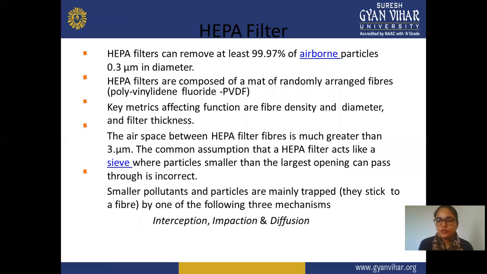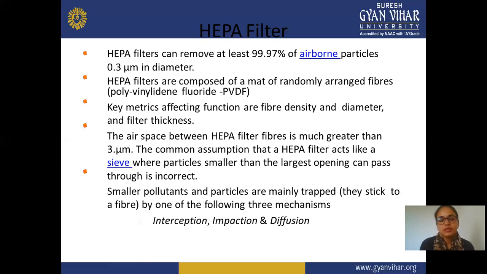Next, the HEPA filter. What is a HEPA filter? You already know something about it. It is a very important filter, and its working condition is also very good for a parenteral product. It can intercept almost all particles, from small to larger sizes, and it has an efficiency of 99.97%. A HEPA filter can remove at least 99.97% of airborne particles 0.3 micron in diameter.